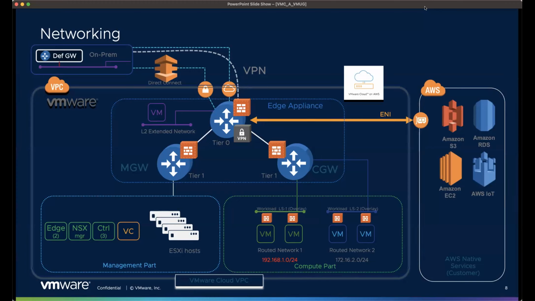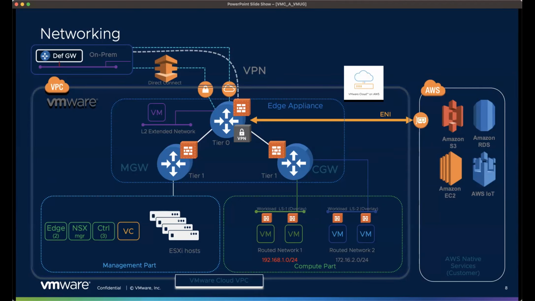There's no metered connection on the ENI. It's essentially free. So you could use, for example, an Amazon Elastic File Storage and write your backups onto this file storage.